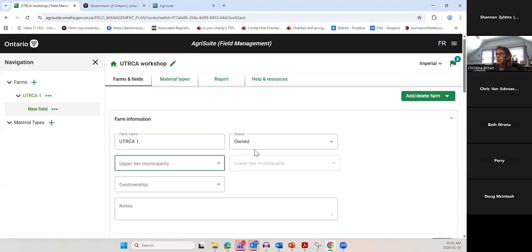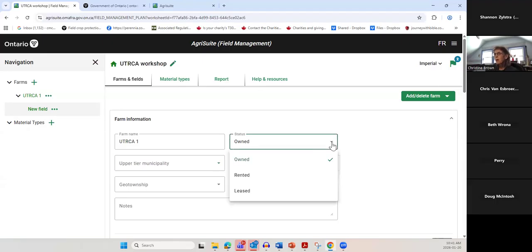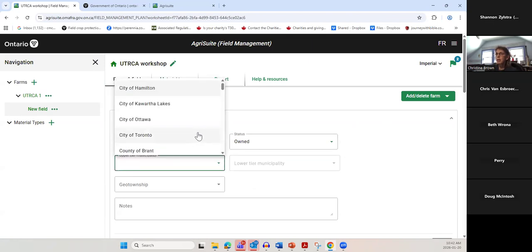Then we go to, this part probably doesn't matter that much, but we can go to owned, rented, or leased. If you're doing a plan that you want to keep and that you want to do some changes or updates to as the year progresses, then it's probably worth putting as much actual information in as possible. We'll say it's owned, and it is in the county of Middlesex.